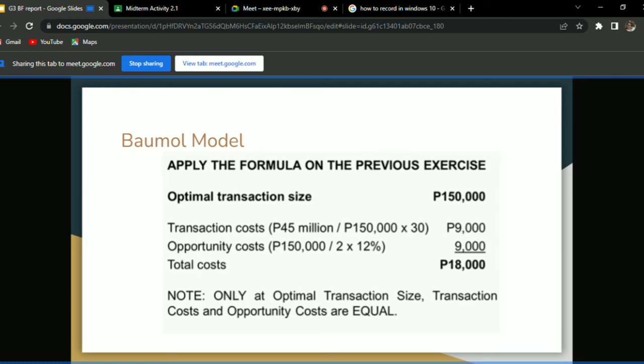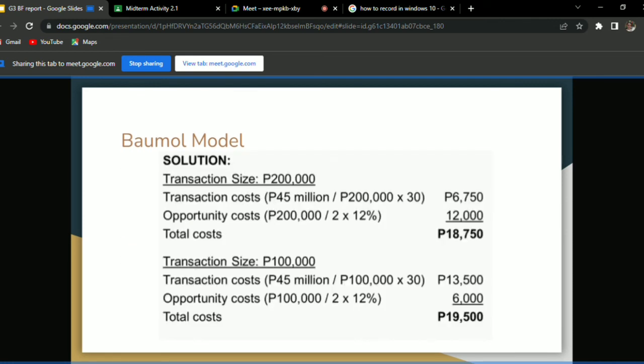So, note, only sa optimal transaction size, transaction cost and opportunity cost are equal. Diri permi sila equal. So, sa atong last nga mga sample ganina, dili gyud siya equal. Lahi-lahi ang transaction cost and opportunity cost og value.